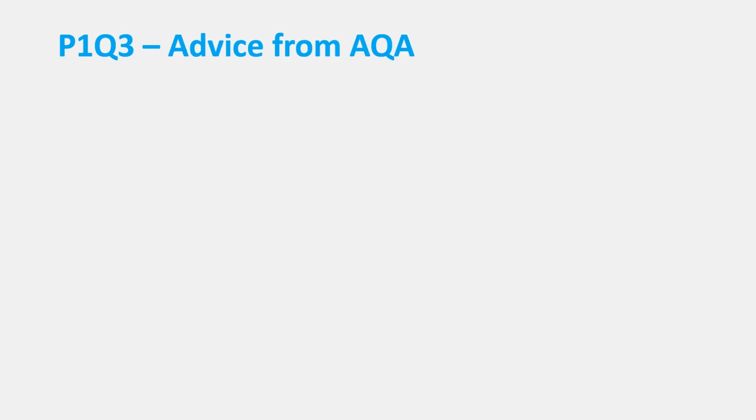In these last few slides, we're just going to look at some advice from AQA, the examination board, and then we're going to look at some other extracts that you can have a go at yourself. Every year after the summer exams and indeed the November exams, the exam board creates something called an examiner's report, and that is a summary of the themes that examiners have seen across the country of what students have done well and what students have done badly.